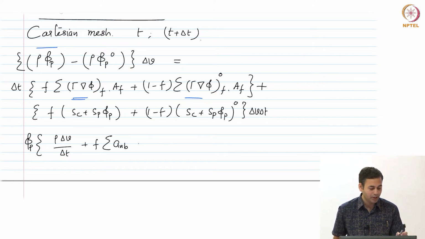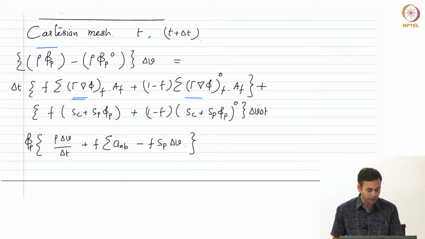And what other contributions come to phi p? From the source term, that is the sp term. I would call this sp1, and this is sc0 and sp0. So this will be a minus f times sp times delta v, and there is no delta t because we have divided with delta t.